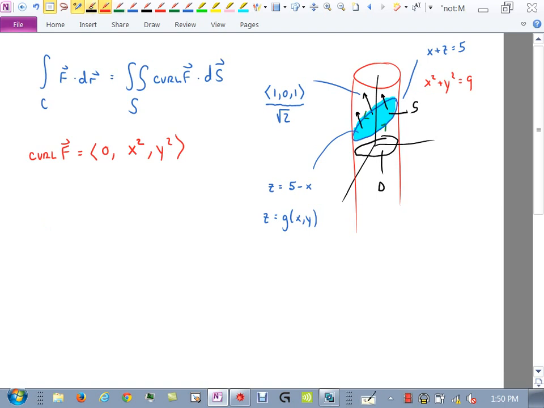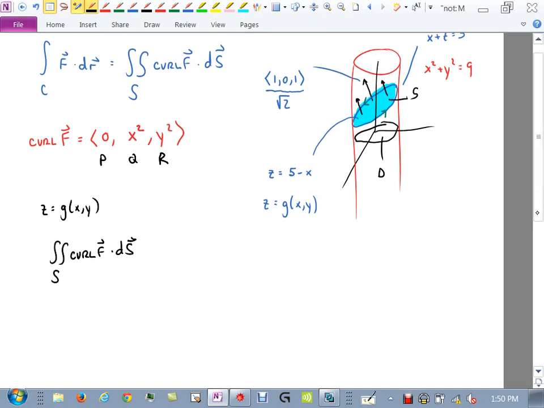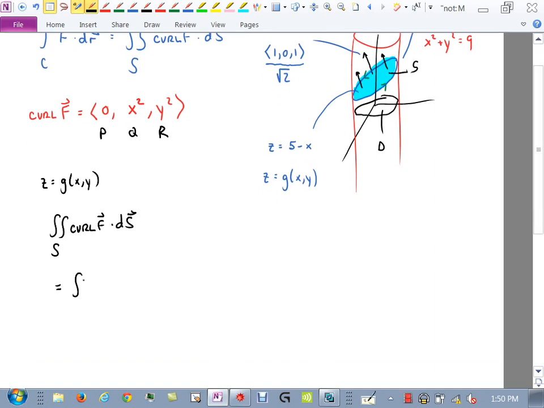And so this now becomes our P, our Q, and our R, and we're using the special case when z is a function of x and y. And when that happens, I can rewrite this double integral, the curl of F dot dS, as the double integral over D of negative P, but what's P for us? 0, so it's all gone.